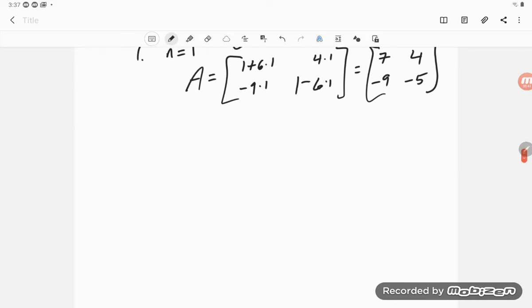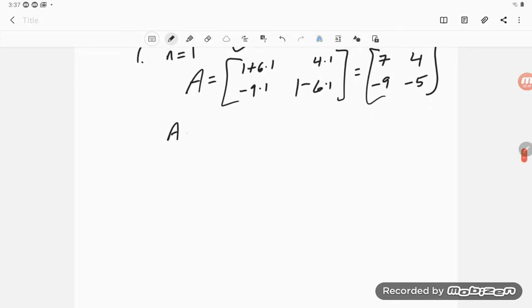Now, we assume A to the n is equal to 1 plus 6n, and yes, they use an n. Okay, I'll try to do it like them. Often I'll use a k in this case. I'll say assume A to the k and do the formula.